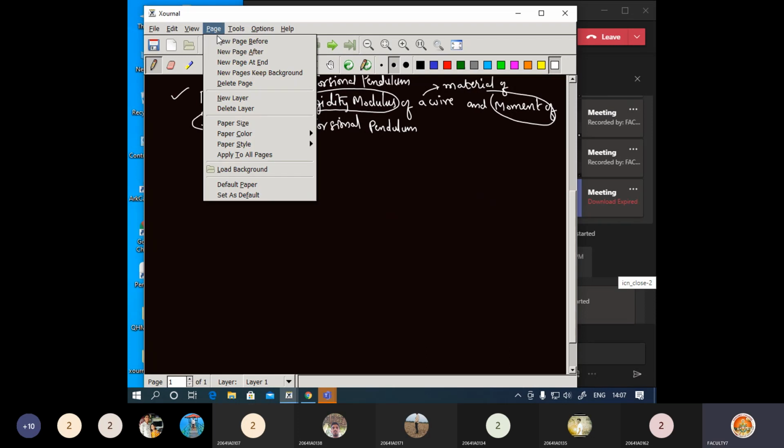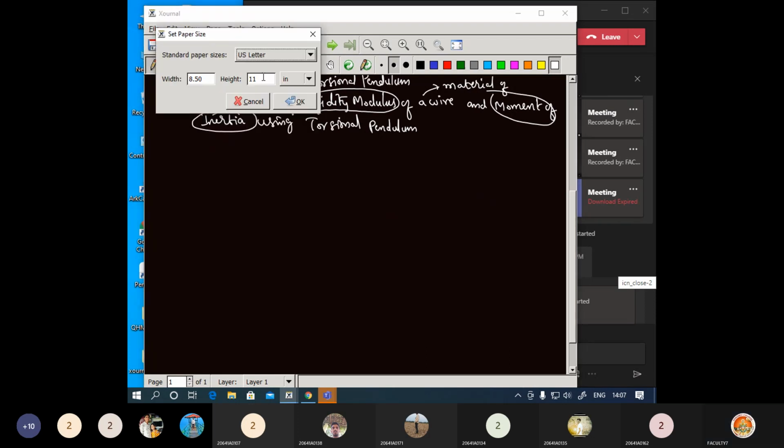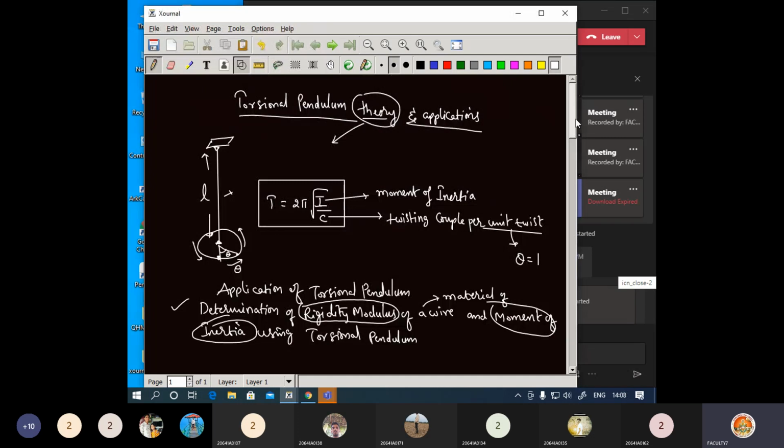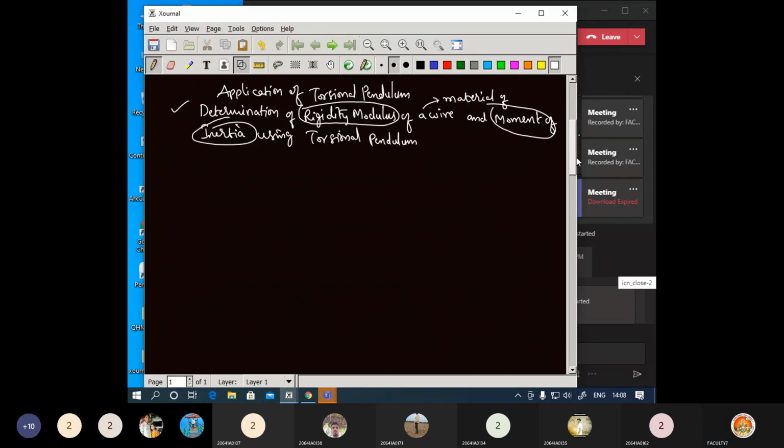So here I am going to convert the topic with three diagrams. I will draw three diagrams. You try to identify what are the differences between those three. Now here this is a wire.